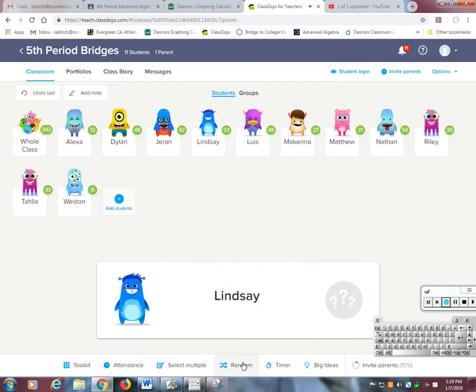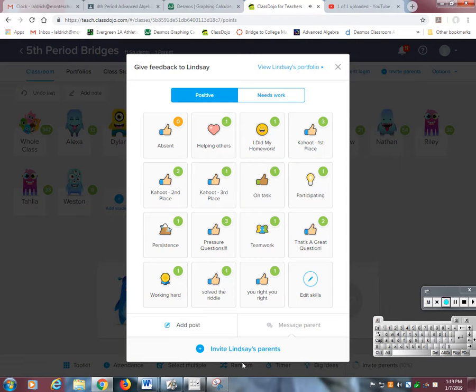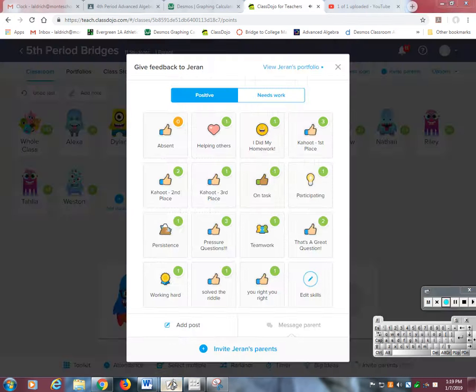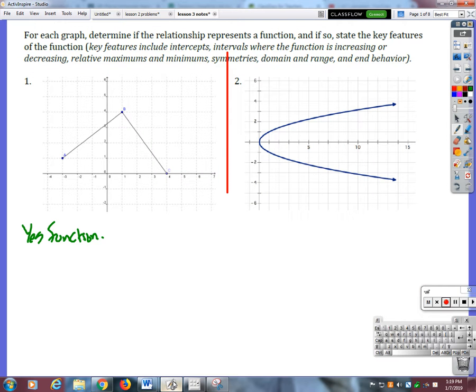Okay, next, how about increasing and decreasing? Or sorry, first of all it says intercepts. Jaron, what are this graph's X and Y intercepts? Well, you've got it in your packet right in front of you.